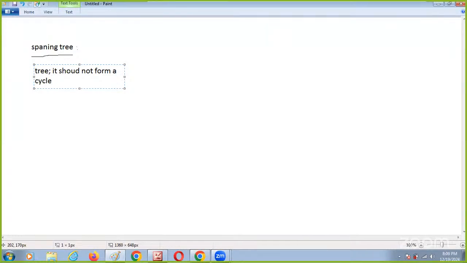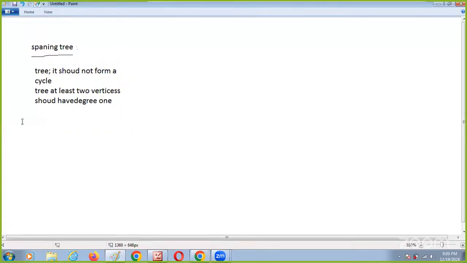And the second point we have already discussed: every tree should have at least two vertices with degree 1. This is one more thing. That means at least two vertices will have degree 1, and that is basically a tree. This is the tree definition.